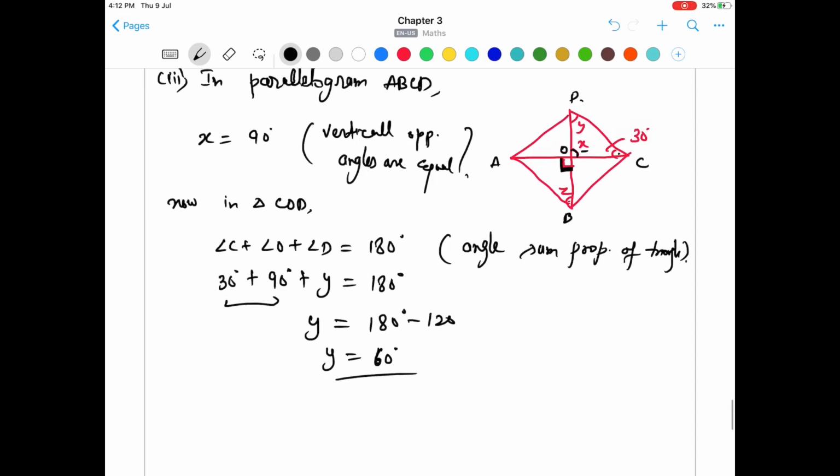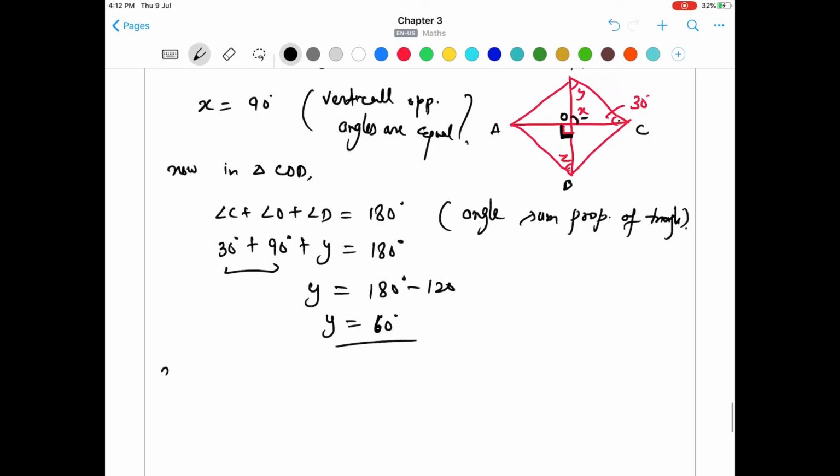Then we have to find z. Now z will be equal to angle y, equal to 60 degrees. The reason for this one is they are alternate interior angles of a parallelogram.